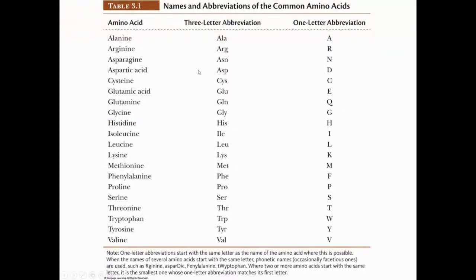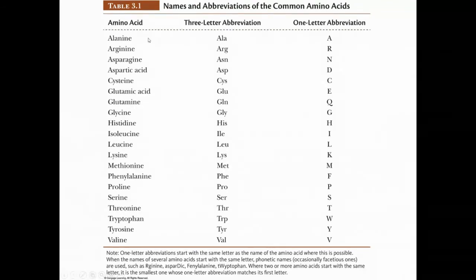And this is the table just to show the common amino acids found in living organisms. The 20 amino acids found in living organisms, from alanine all the way to valine, with the 3-letter abbreviation and 1-letter abbreviation.